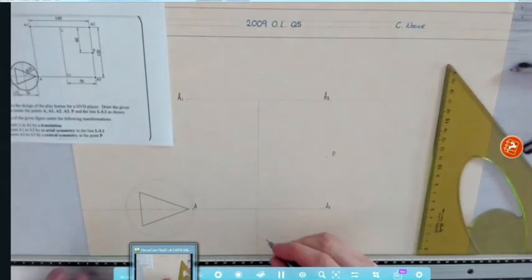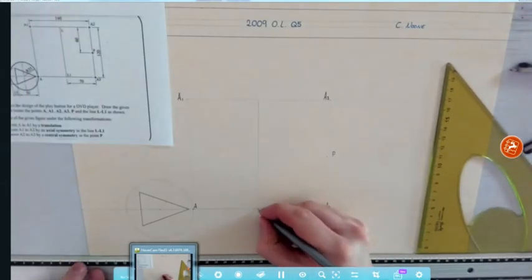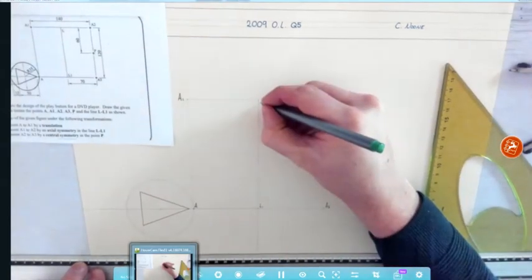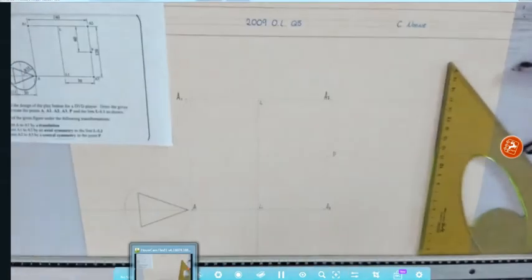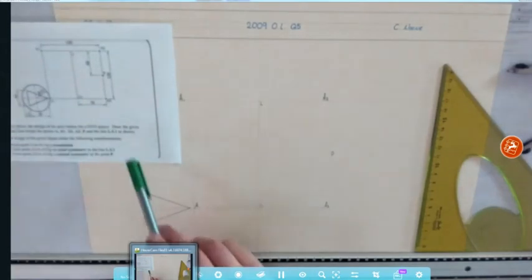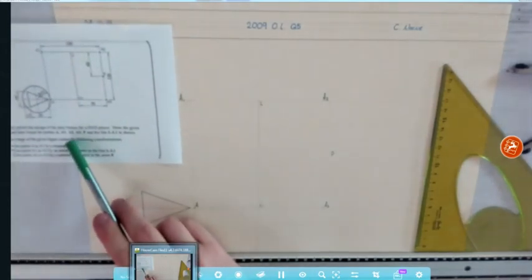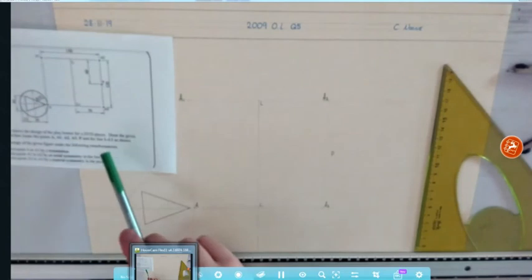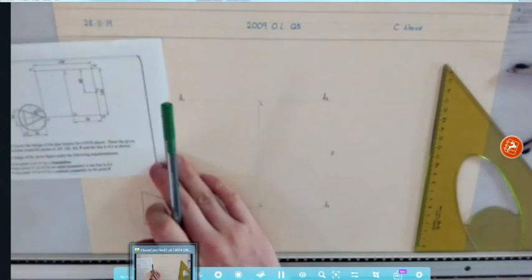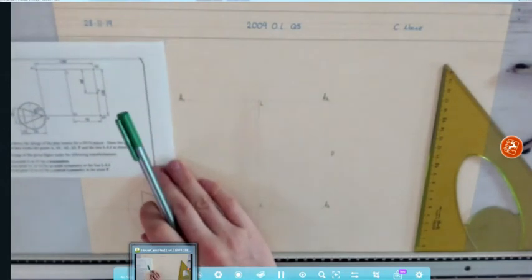And that is our line L1 and L. Okay, so we've drawn the figure now, and we've also located our point A, A1, A2, A3, P, and line L, L1. Okay, so that's the first part of the question done.